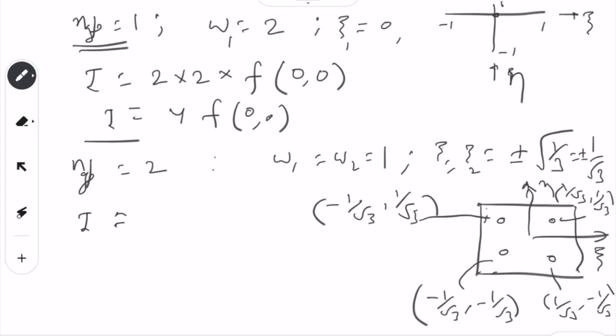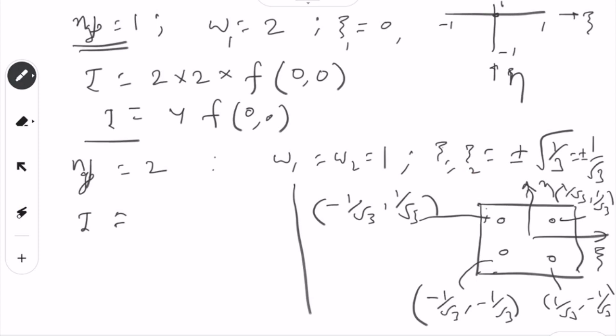So this I will be, these are the coordinates of these points, and W1, W2 are all the same.